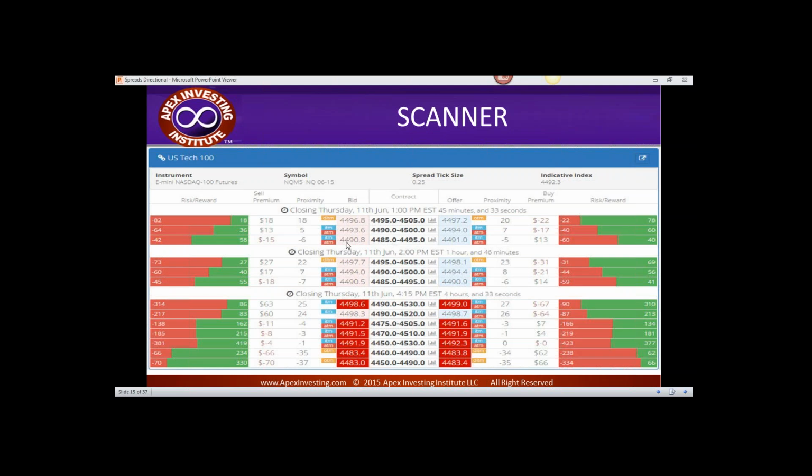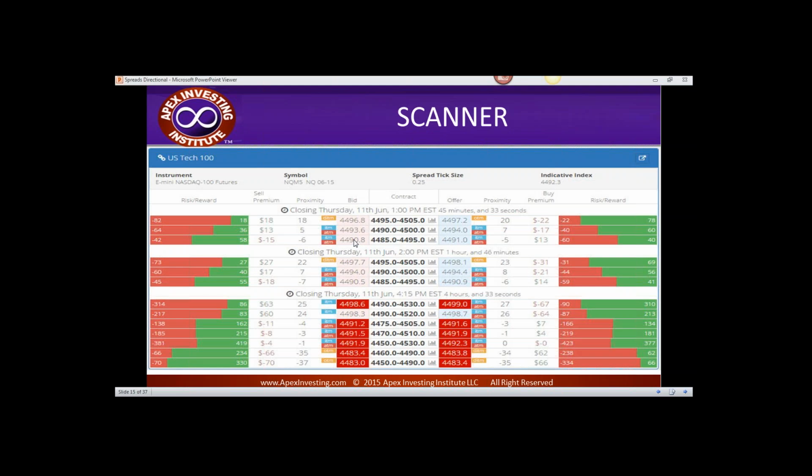I can sell this one for $44.90, but the market's up at $44.92. So I'm selling lower than where the market is. So the market has to drop from $44.92 down to $44.90 just to get me even, it feels like, right? Okay, we're going to bring this all together.